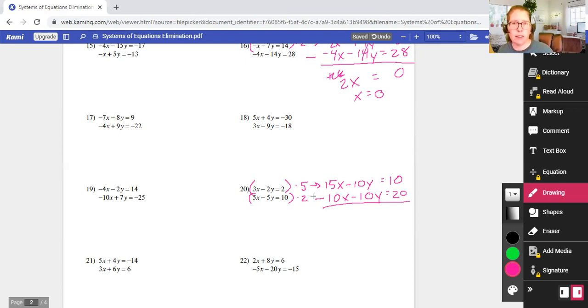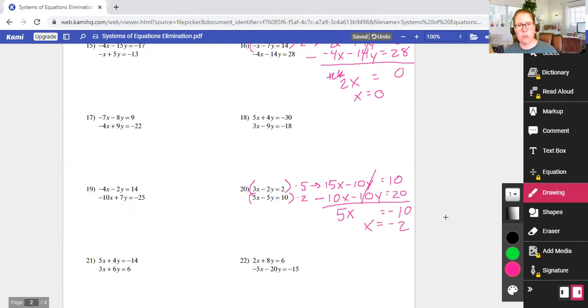And I could have done this as negative 2, right? And then I could add instead, but I didn't. So here we are. So 15 minus 10 gets me 5x. Negative 10y minus negative 10y is the same as negative 10y plus positive 10y. So goodbye. And then that equals 10 minus 20 is negative 10. Therefore, x equals negative 2. And there you go.